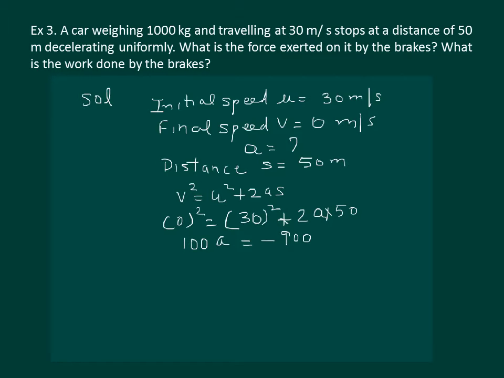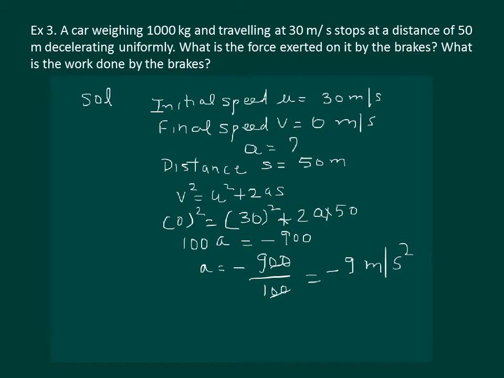Now A equal to minus 900 by 100, so A equal to minus 9 meter per second square. The unit for the acceleration is meter per second square.